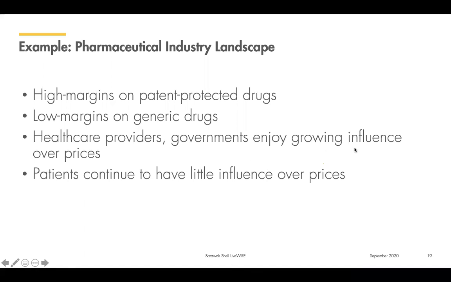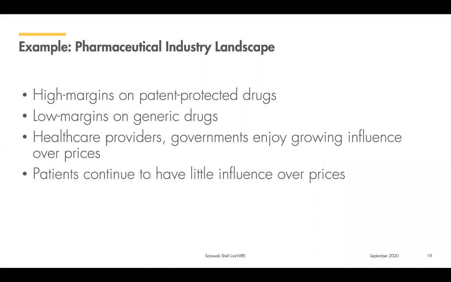For example, with COVID-19 and the masks, the government can say you must charge $1.50, or you must charge $1, or you must charge 80 cents. So there is government influence in the healthcare sector, maybe less in the business that you're involved in, right? And lastly, patients continue to have little influence over price. That's one of the negative aspects of the pharmaceutical industry.